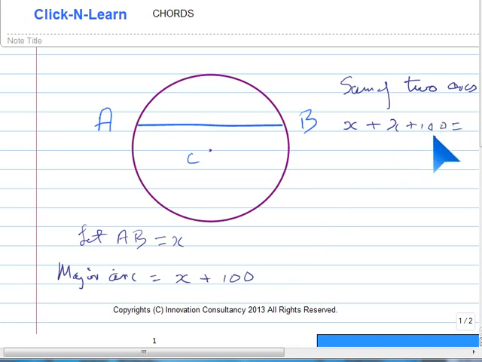And that would be equal to this 360 degrees for a full circle. 360. I ran out of space there, so let me erase that.